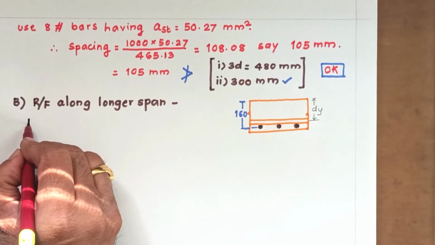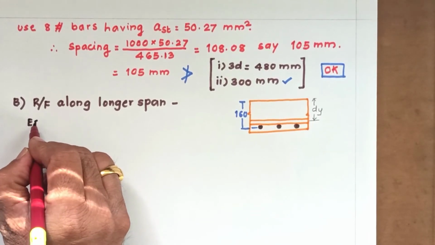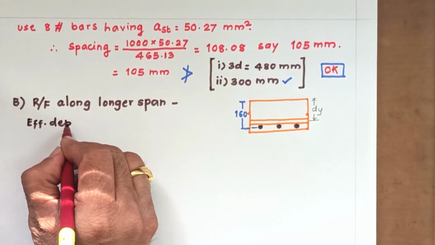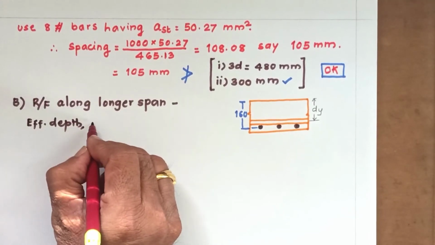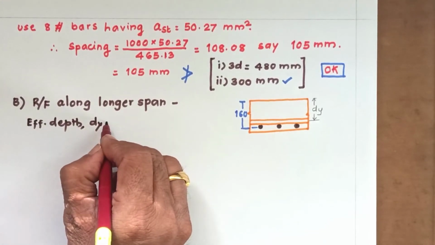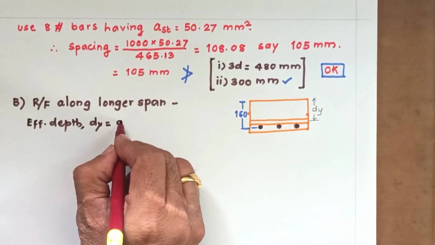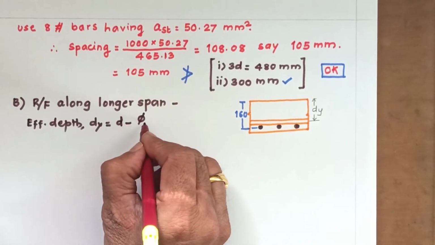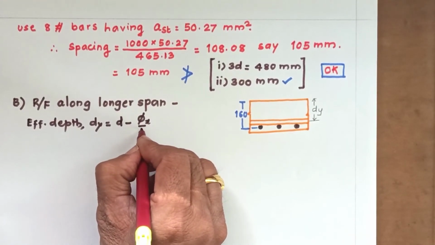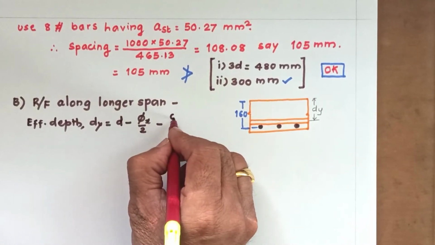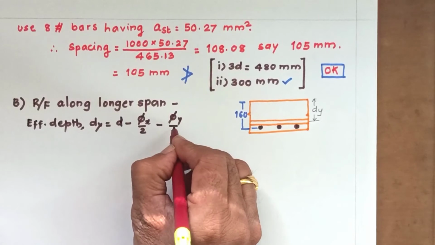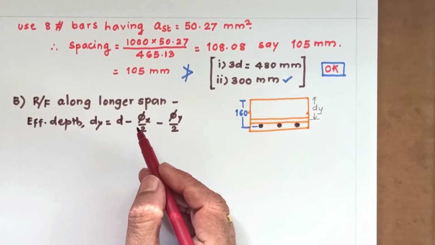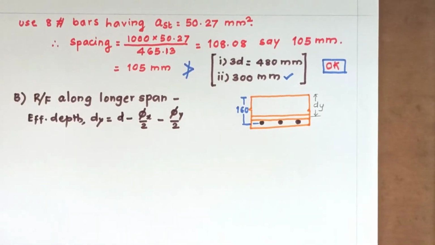So effective depth, as it is along the longer span, I will call it dy, is equal to the d which is taken along the shorter span, minus half the diameter of the bar along the shorter span, minus half the diameter of the bar along the longer span. Now along the shorter span we have used 8 mm. Along the longer span also we will use 8 mm.